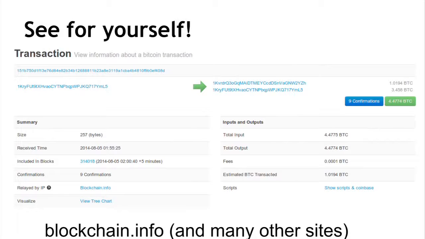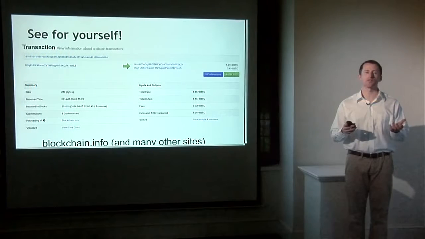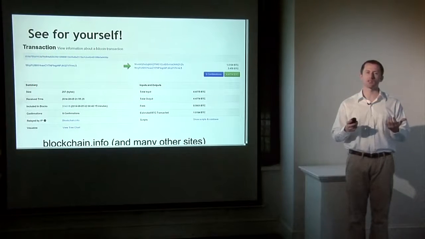So with both the block format and the transaction format that we described earlier, the best way to learn it is to just see for yourself. So there's a lot of websites that make this data accessible. This is a screenshot from blockchain.info, which I found very helpful myself in understanding and exploring what's going on at a low level in Bitcoin. There are a lot of other websites that do a great job of making this information accessible.